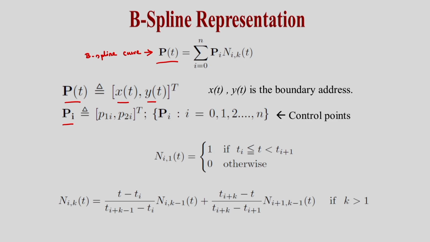And in this case, k is the order of the polynomial segments of the B-spline curve.